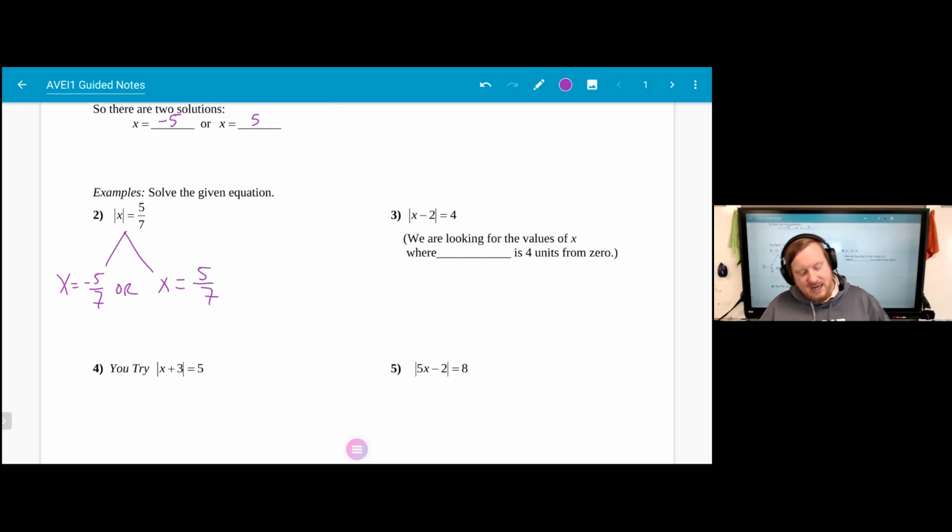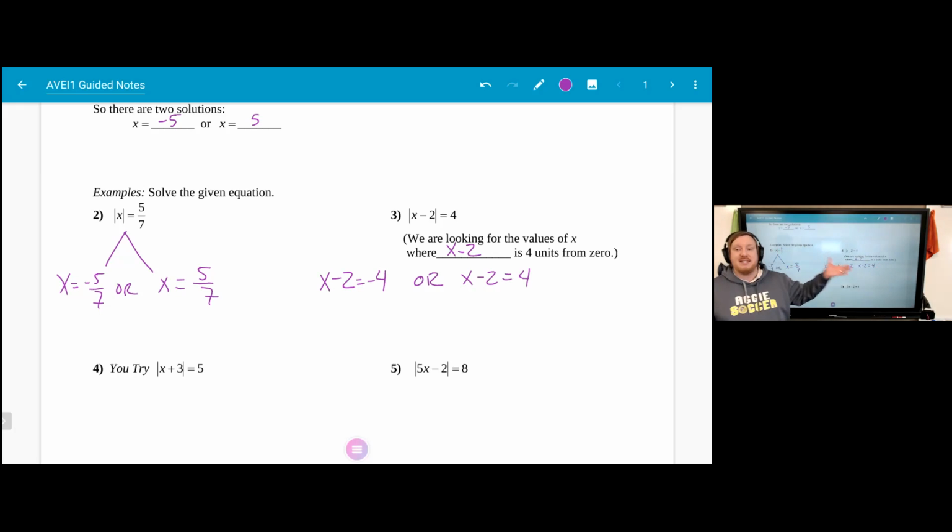Well, let's make things a little bit more complicated here, like we like to do. Now we have the absolute value of x minus 2 equals 4. We're trying to find the values of x where x minus 2 is 4 units away from 0. In other words, where x minus 2 is -4, or when x minus 2 is +4.